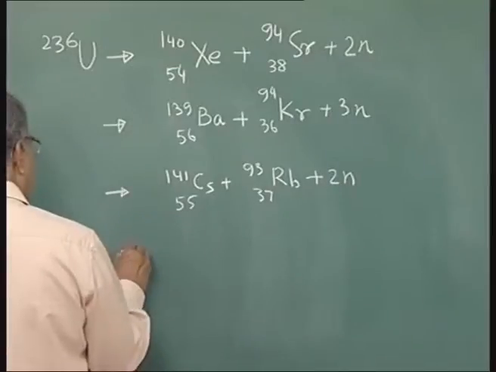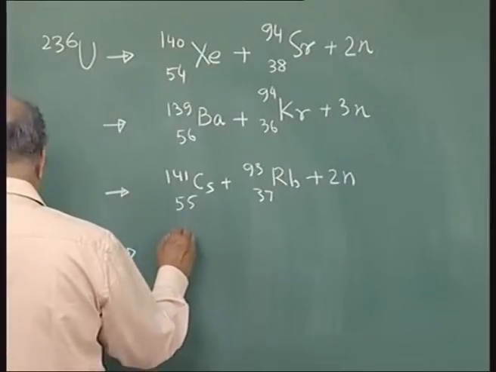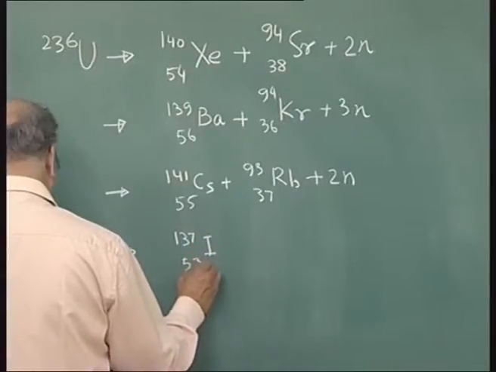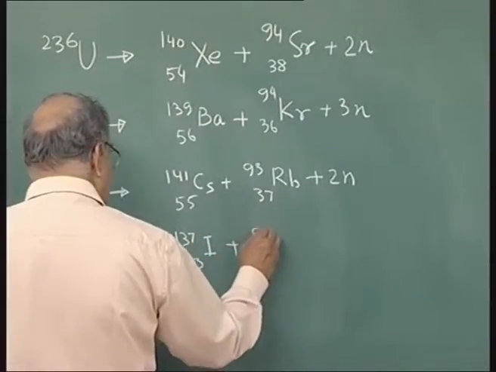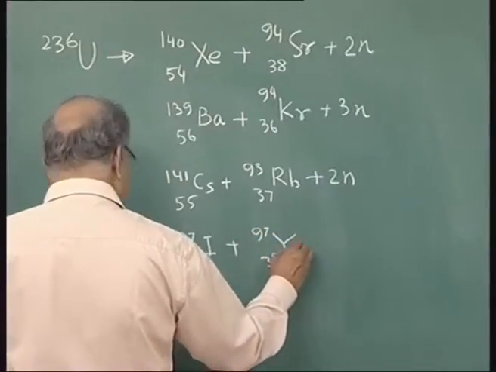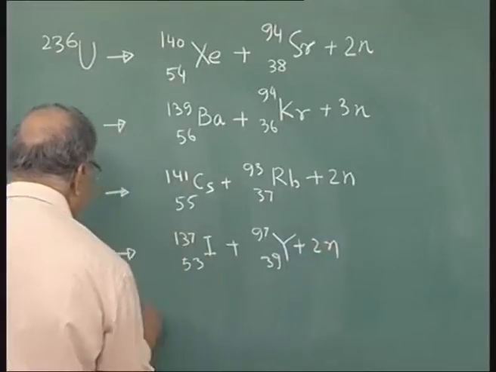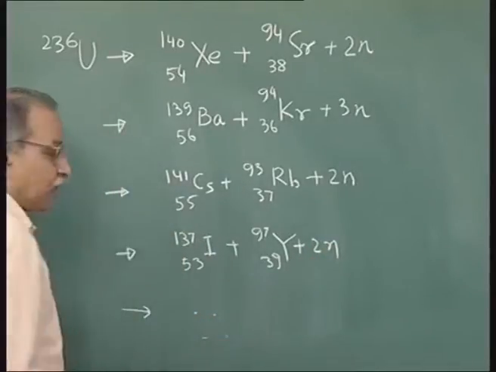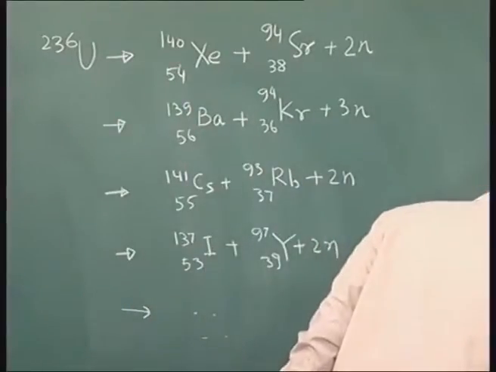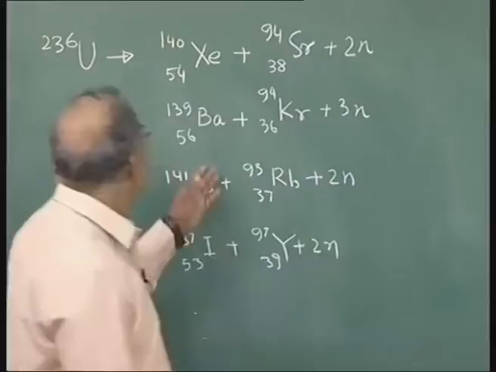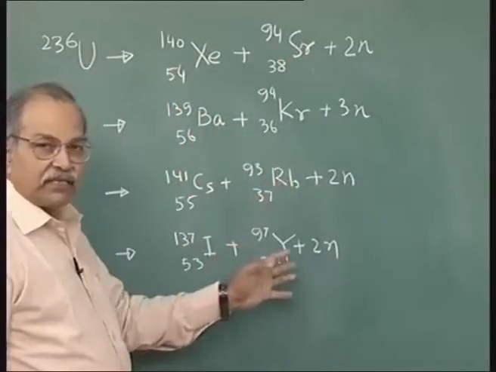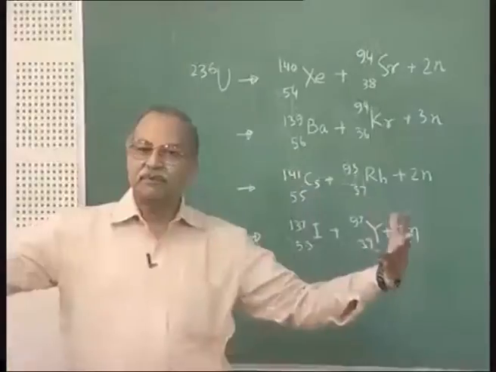You can also have reactions like 137 iodine 53 plus 97 Y yttrium 39 plus 2N, and so on. You can have many more. So, what are the reaction products? The reaction products are xenon, strontium, barium, krypton, rubidium, iodine, yttrium, and many things.